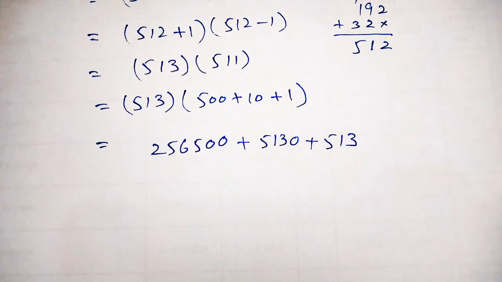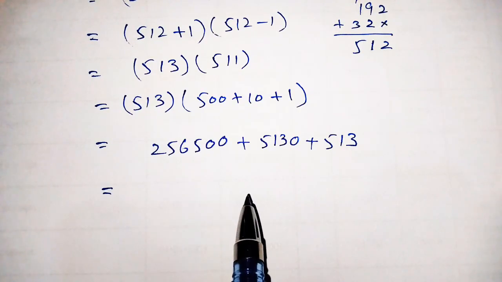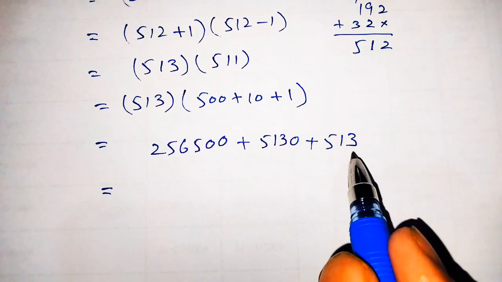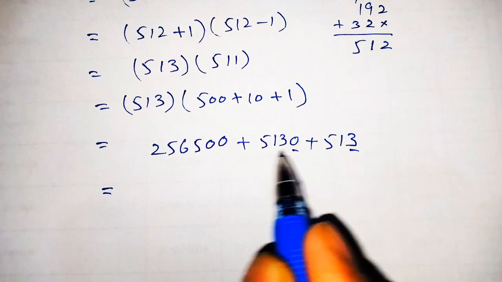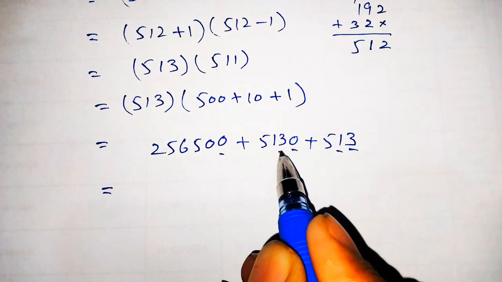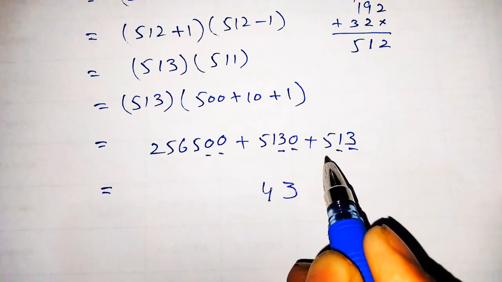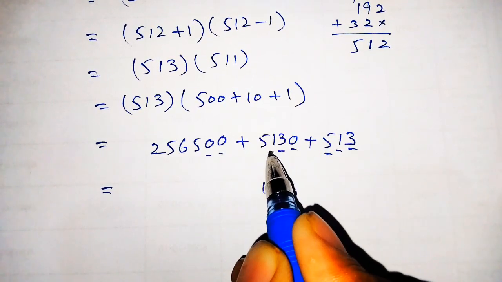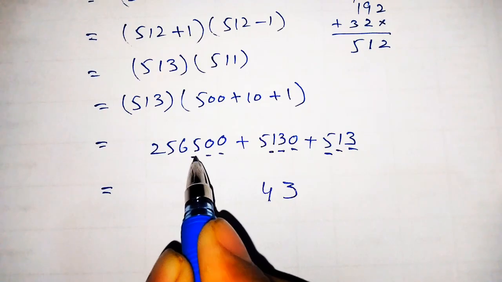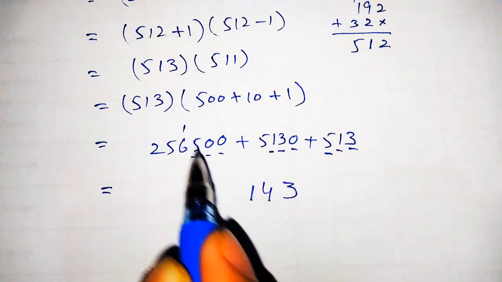Now there are three terms and we will add these three to get the final answer. So adding these, 3 plus 0 plus 0 is equal to 3. 1 plus 3, 4. 4 plus 0 is 4. 5 plus 1, 6. 6 plus 5, 11. 1 and 1 in carry.